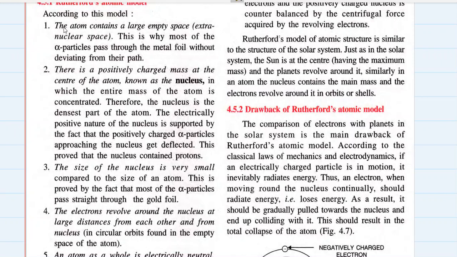According to Rutherford's model, the atom contains a large empty space, known as extra nuclear space. This is why most of the alpha particles pass through the metal foil without deviating from their path. The atom as a whole is relatively empty.